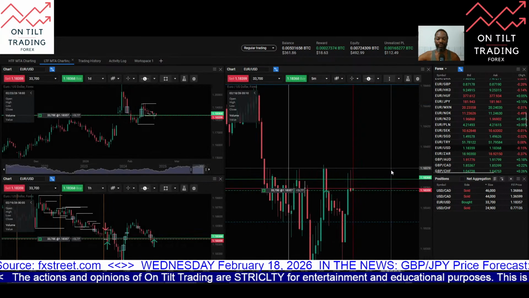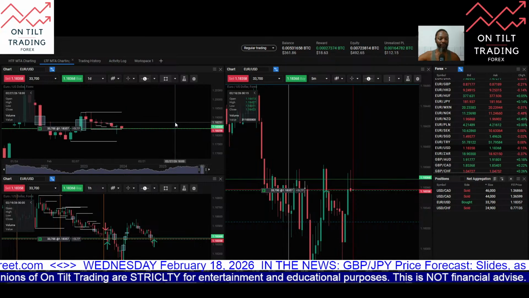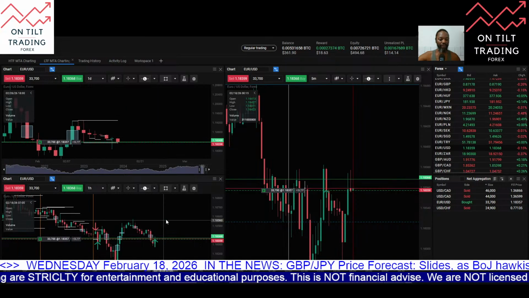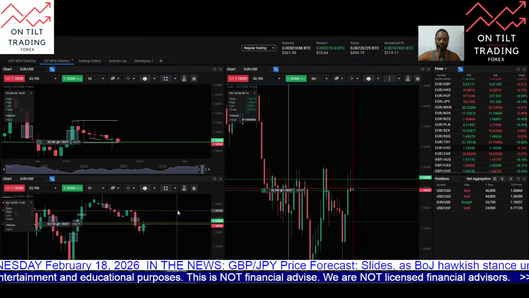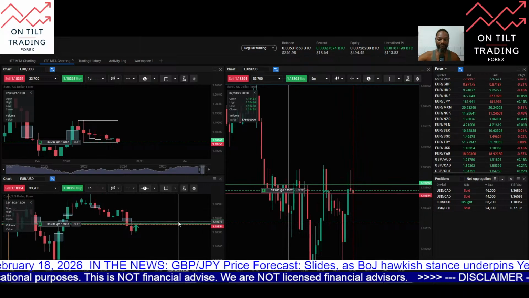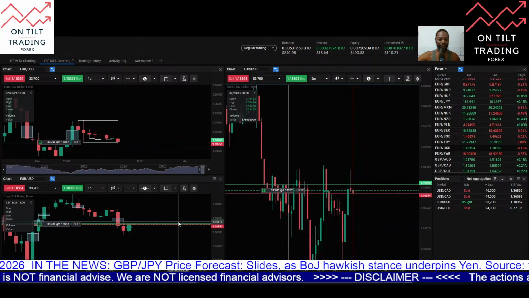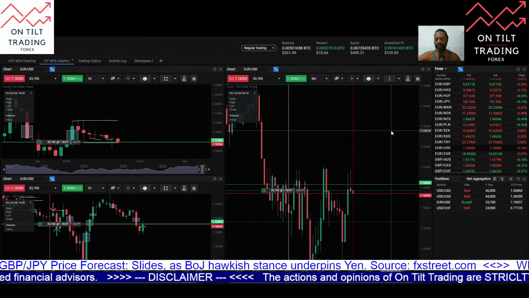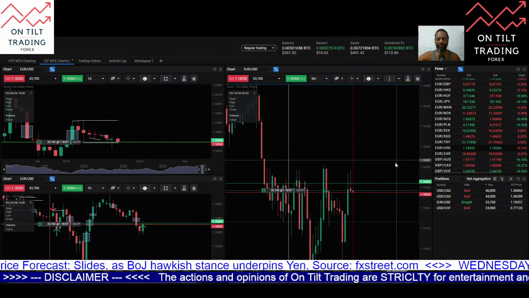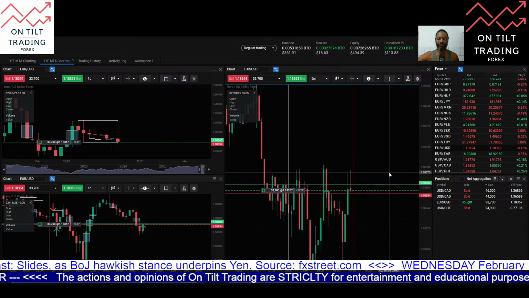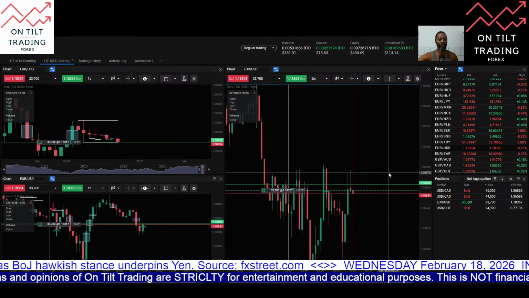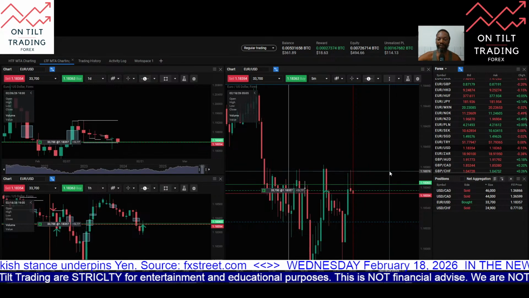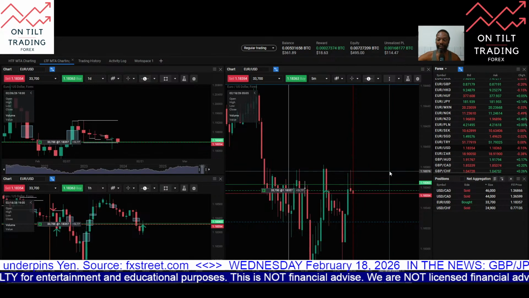So it looks like dollar Swiss and euro dollar are going to consolidate at my limit entry here, so we'll see how those positions hold up. Dollar CAD has been solid delivery since entry from both entries, so we'll see if that will deliver following through.